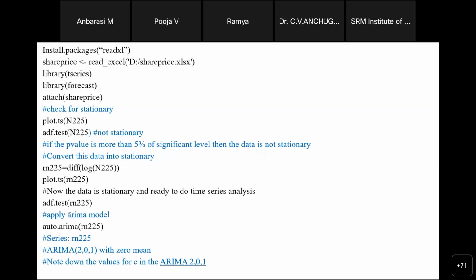All these three values will be calculated automatically by using the function auto.arima. And then once you have calculated them, we have to create a model.